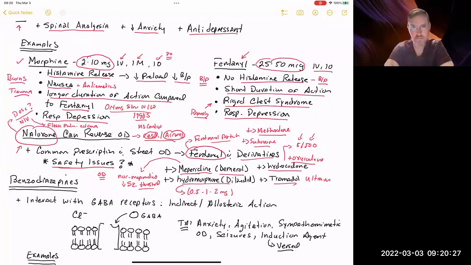It's a mixed agonist-antagonist. So there's a ceiling of effects, and people are far less likely to overdose. So you may see people on Suboxone and methadone who are attempting to deal with an underlying opioid addiction. I just wanted to throw those out as well.